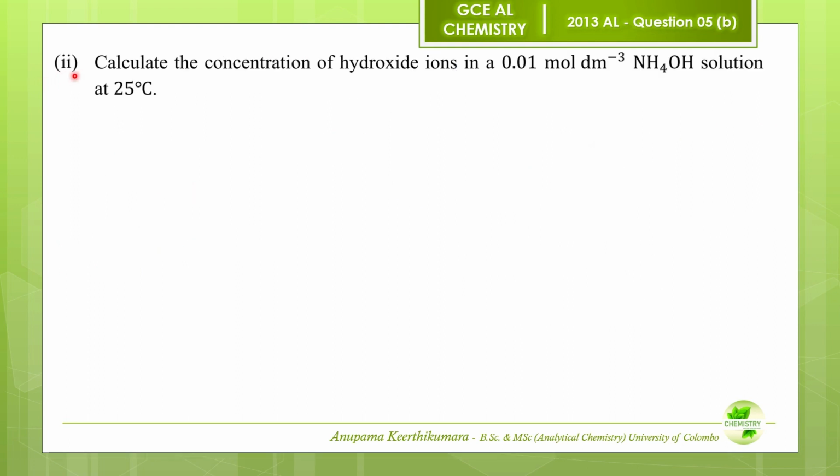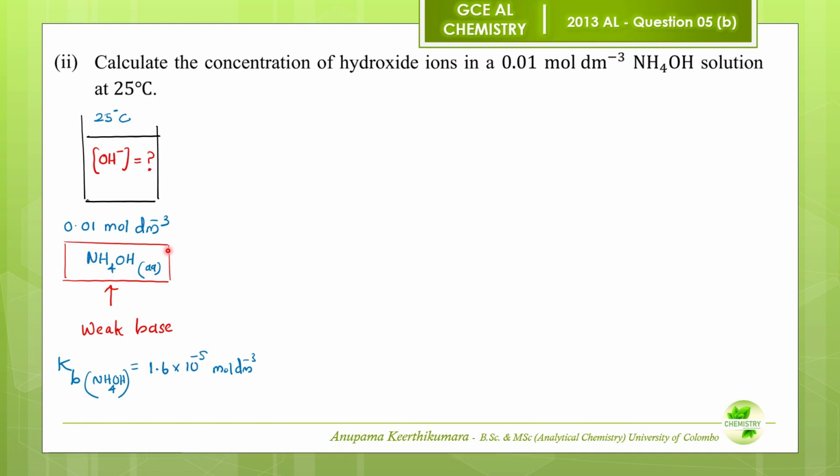Question number 2. Calculate the concentration of hydroxide ions in a 0.01 moles per cubic decimeter ammonium hydroxide solution at 25 degrees Celsius. Ammonium hydroxide is a weak base.